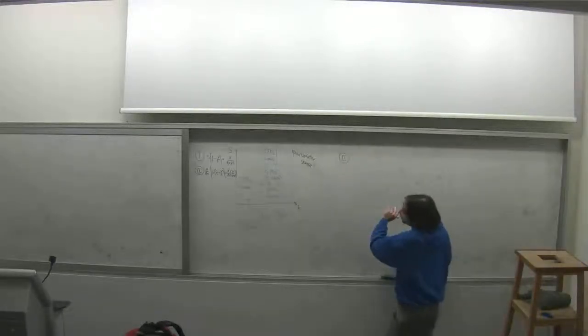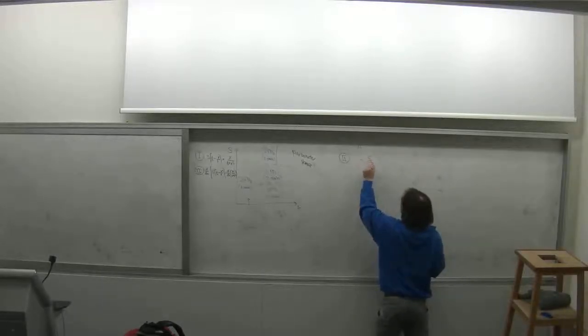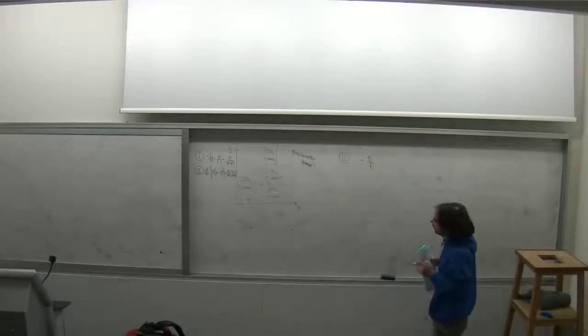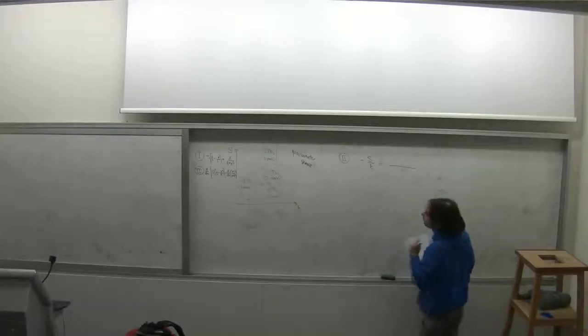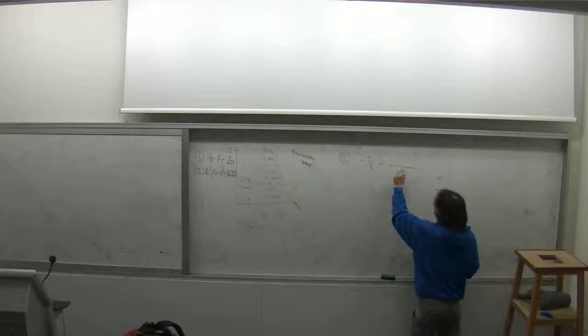So I differentiate with respect to x. I get on the left-hand side minus s over k. On the right-hand side, it's a division of two functions.